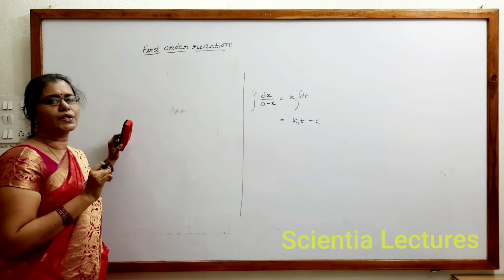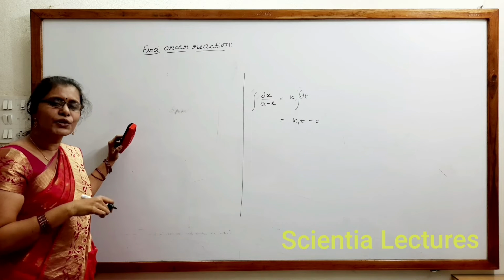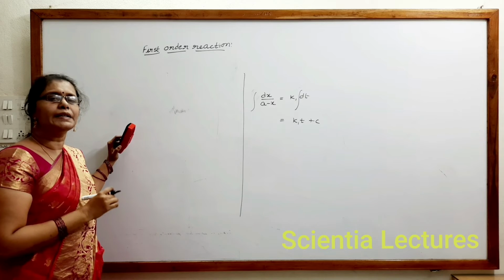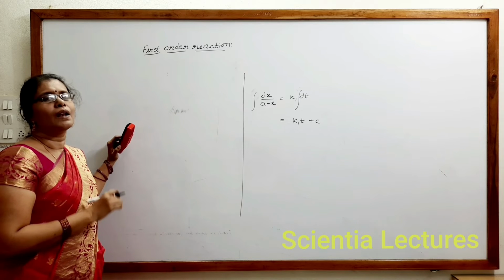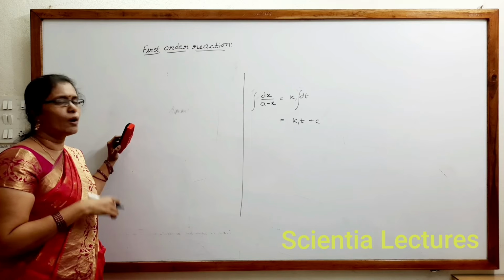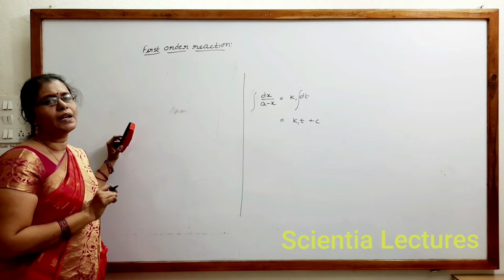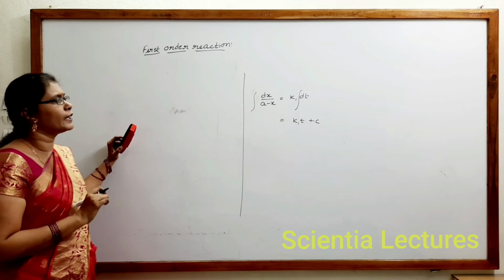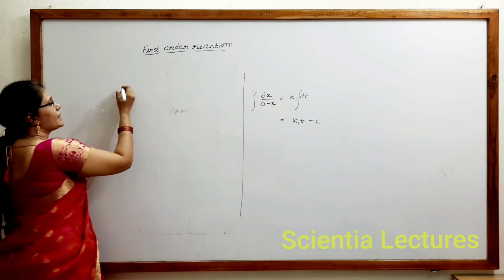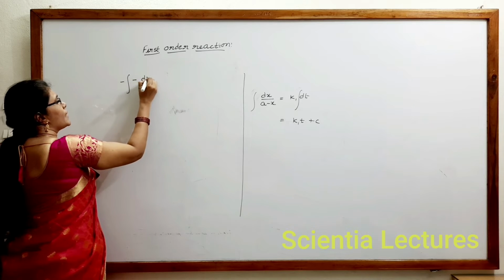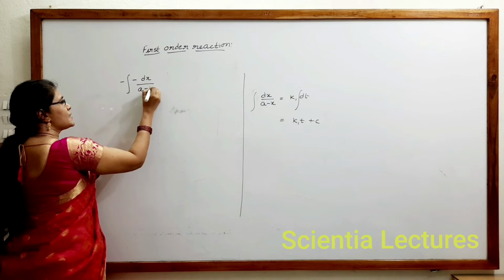We have a condition that if the differentiation of the denominator is present in the numerator, then its integral is ln of the denominator. So we can write this as minus of minus dx by A minus X.